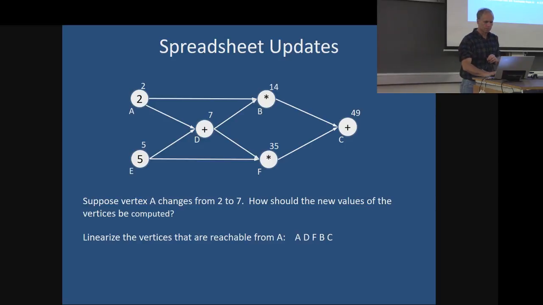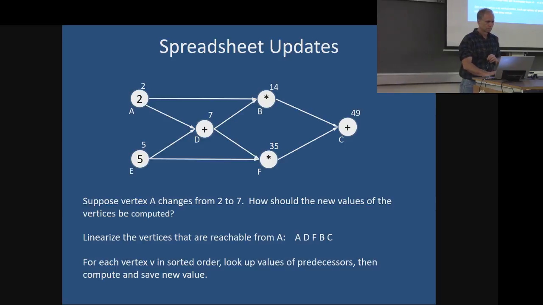So we linearize it. And this is a simple computation. For each vertex, in sorted order, look up the values of the predecessors, then compute and save the new value. That's the right order to do the update.